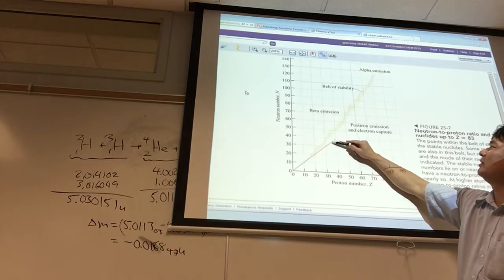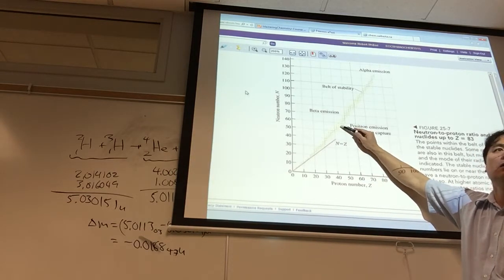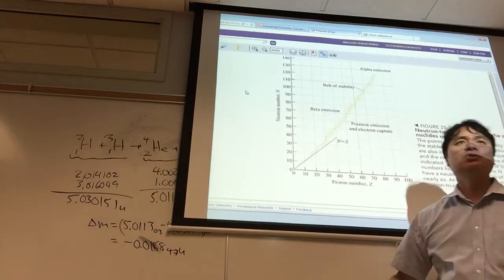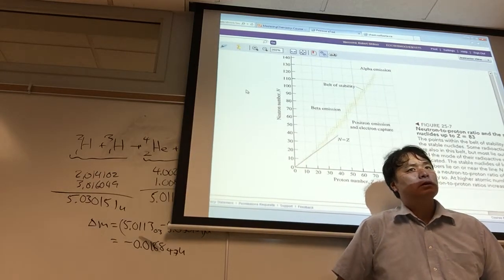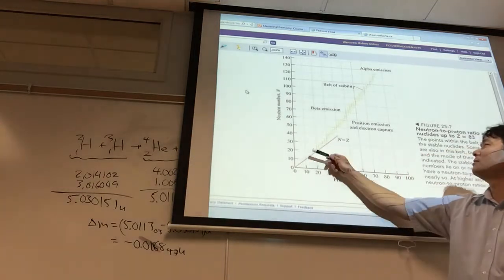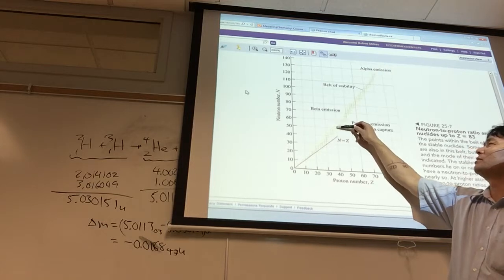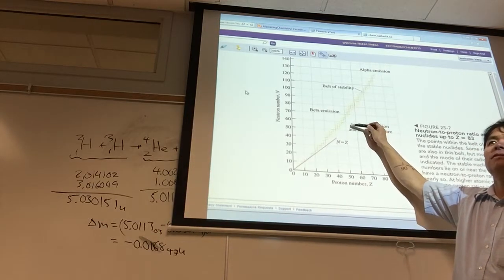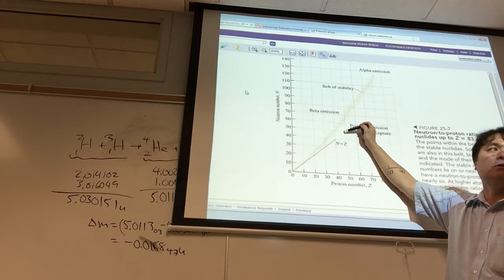But as we get heavier, we favor more neutrons. And so it becomes like a 1.1 ratio. You want 1.1 neutrons to every proton. And that seems to be more stable. This is called the belt of stability, so they're just plotting out the isotopes. If you deviate from the belt of stability, then it becomes less stable, radioactive.